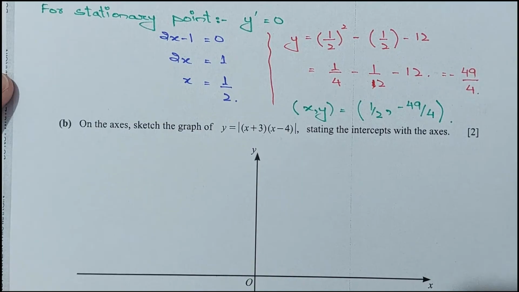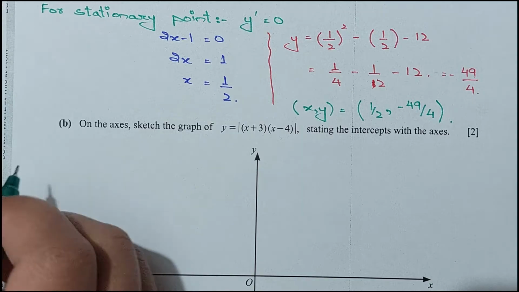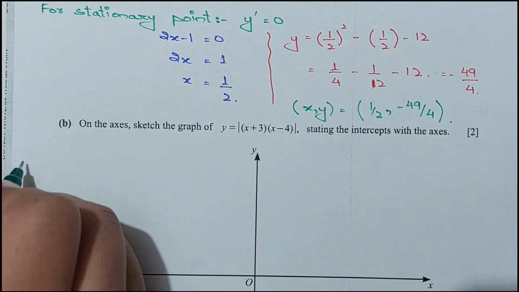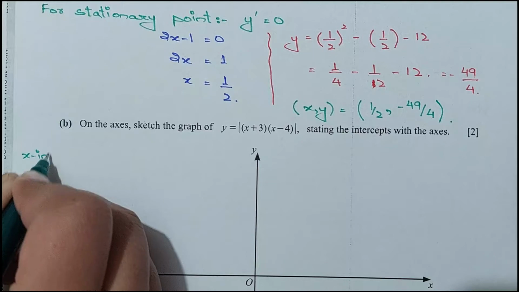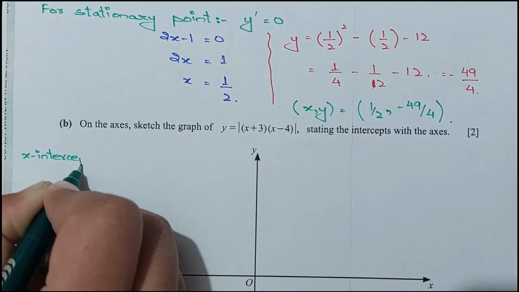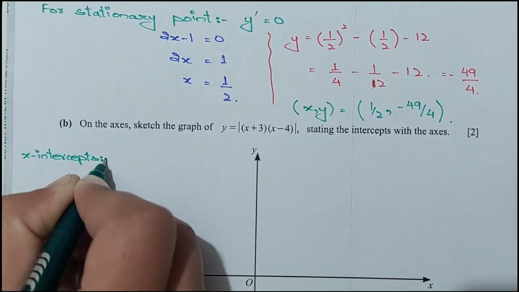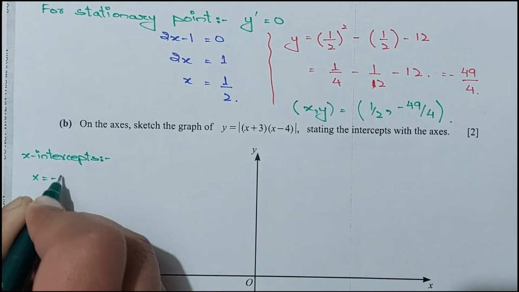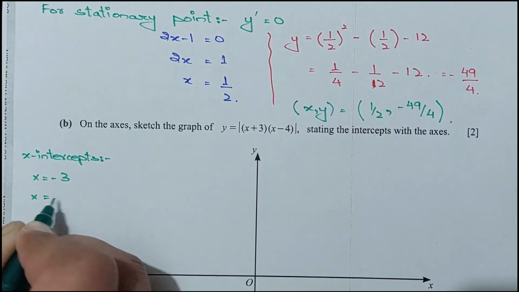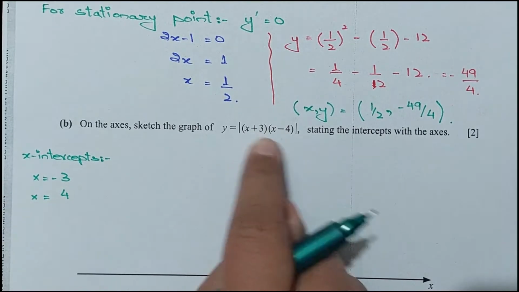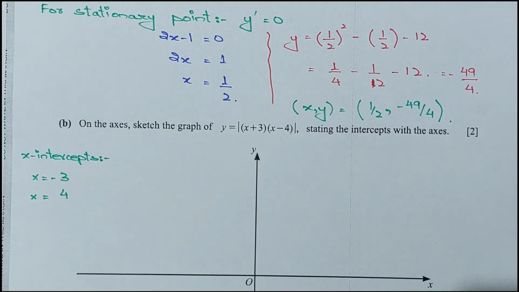Alright, so first we have to state the x and y intercepts. It's an absolute value function. We can say the x-intercepts are x equals negative 3 and x equals 4. Minus 3 and 4, these are the two x-intercepts.